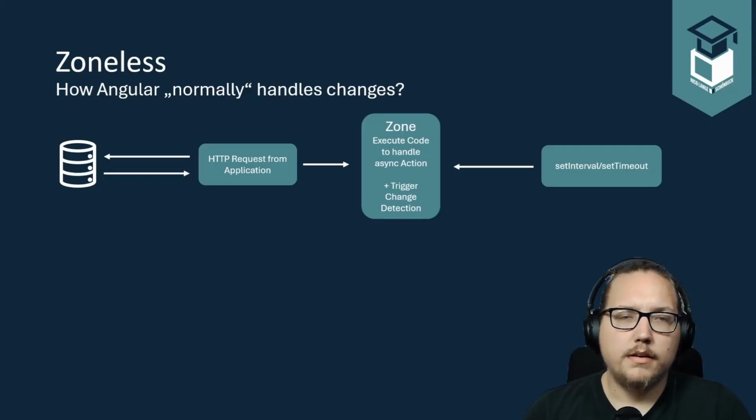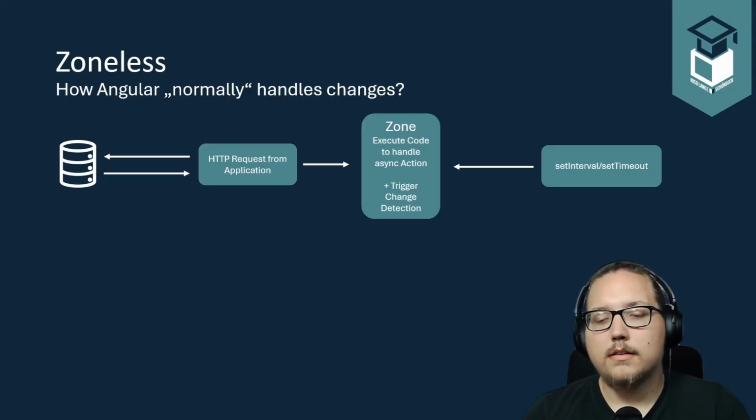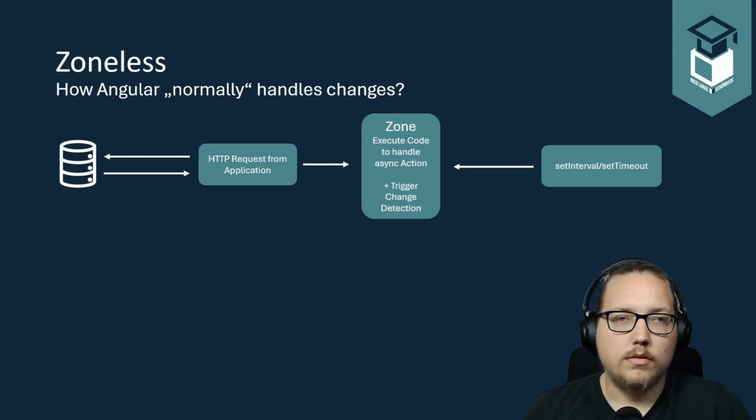Eventually, you already have used it, so you can go with making your own runInZone, and this is kind of the same. And what then happens is it executes the code that you are doing after the HTTP request or something, and afterwards it triggers a change detection.